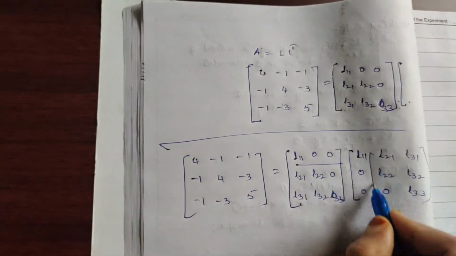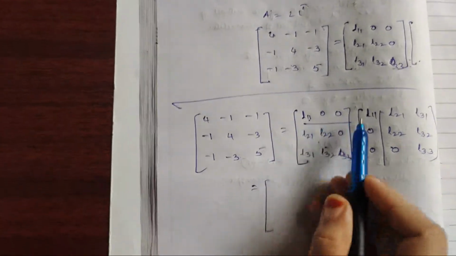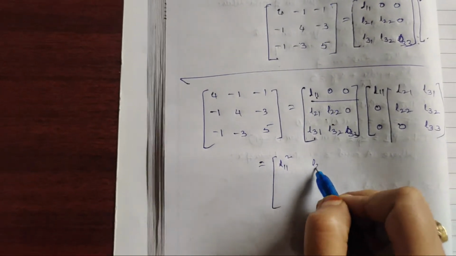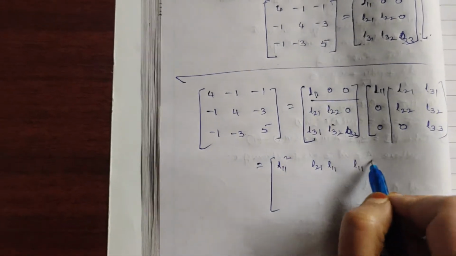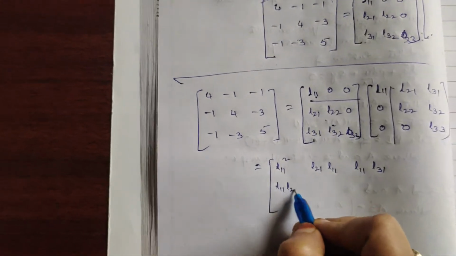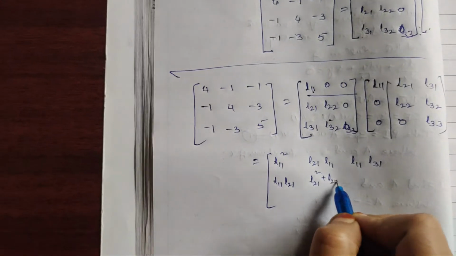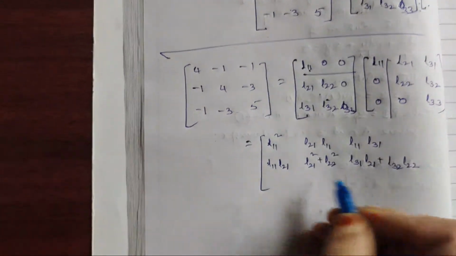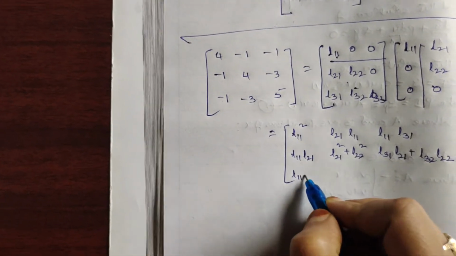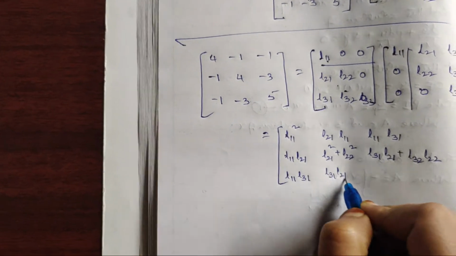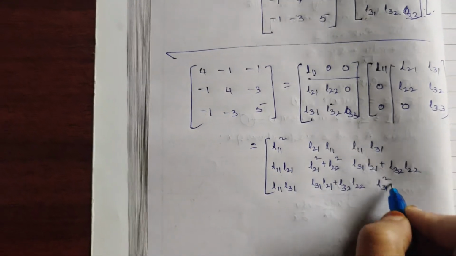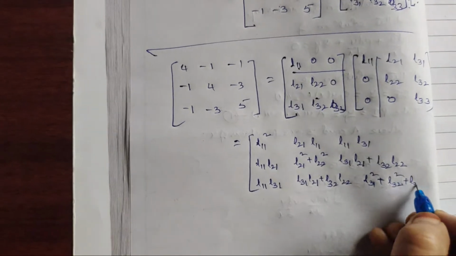Then rows into columns. First we'll find the product, where we are going to get L11 square, L21 L11, L31 L11; L21 L11, L21 square plus L22 square, L31 L21 plus L32 L22; L11 L31, L31 L21 plus L32 L22, L31 square plus L32 square plus L33 square.